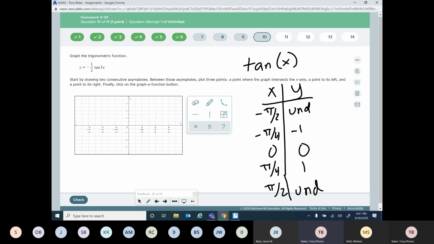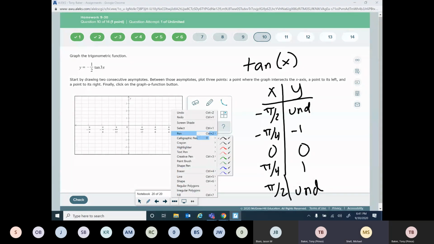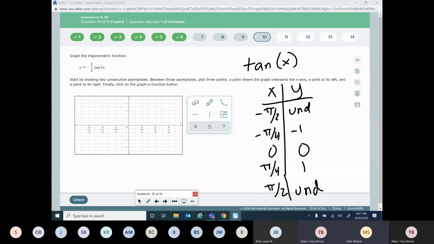So there's my parent function for tangent. So now we're going to do the exact same thing we just did to sines. We're just going to change my values and my trig functions. So in this case, we've got 3x, so we're going to do 1/3 x. Remember, you do the inverse of it.